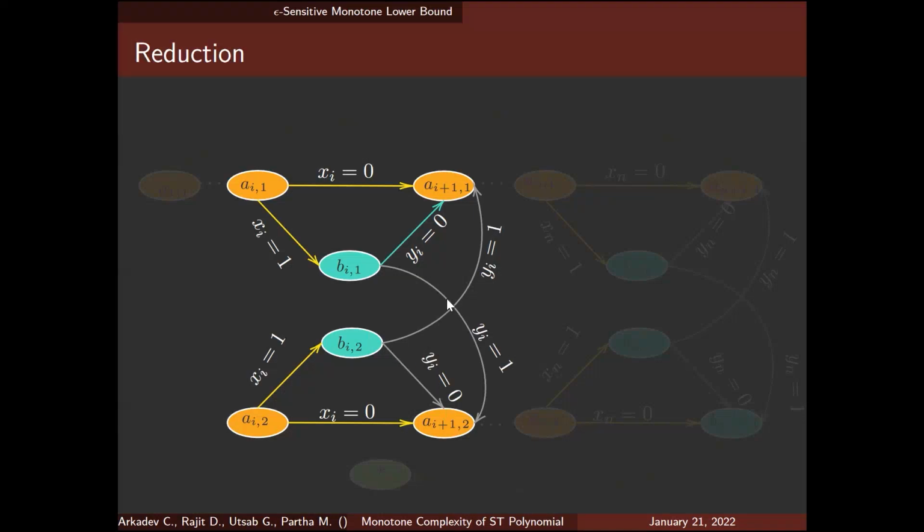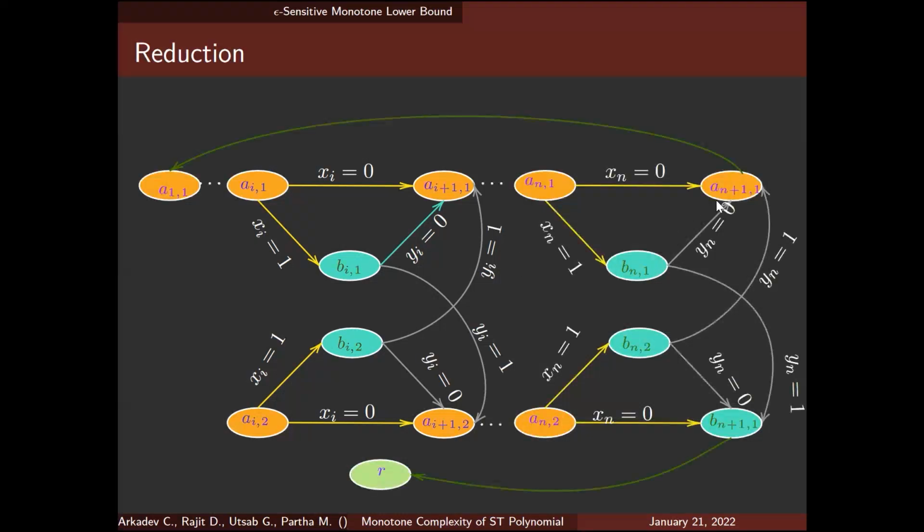And for yi equal to 1, the bottom Bob node of the ith gadget is connected to the top Alice node of the i plus 1th gadget via this edge. And similarly, the top Bob node of the ith gadget is connected to the bottom Alice node of the i plus 1th gadget via this edge.